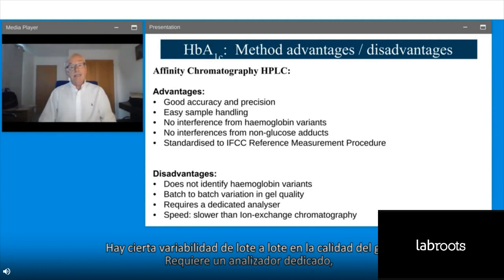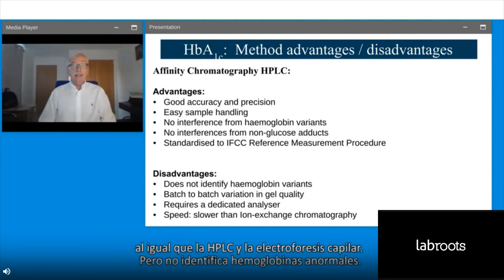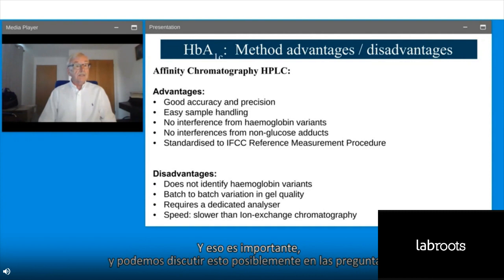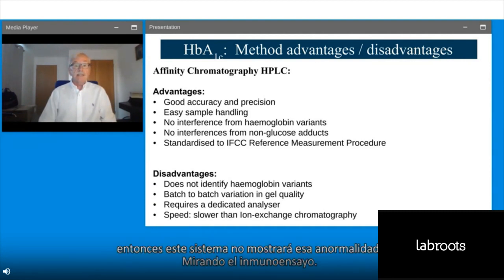It requires a dedicated analyzer, as does HPLC and capillary electrophoresis. But it does not identify abnormal hemoglobins. If that's important, and we can discuss this possibly in the questions, then this system will not show that abnormality up.